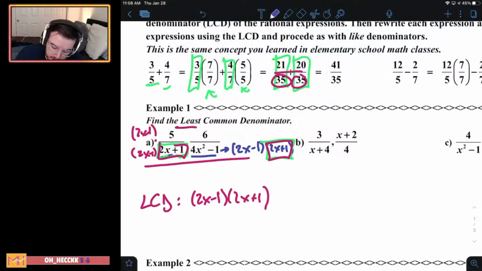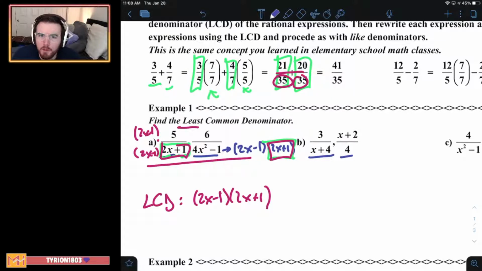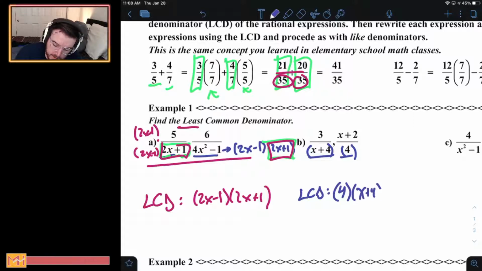Looking at these guys, right? Don't get fooled by, oh, they both have a 4. Not quite, right? That's one factor and that's one factor. So in the end, our LCD would be 4 times x plus 4, right? Because this would get multiplied by 4, and this one over here would get multiplied by x plus 4, right?